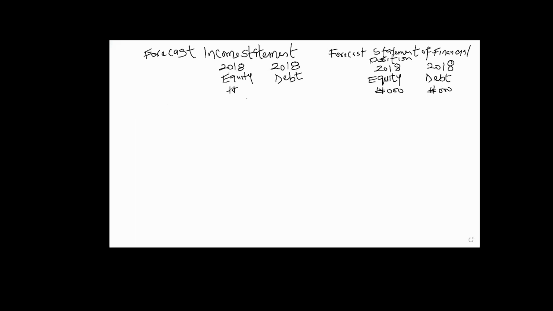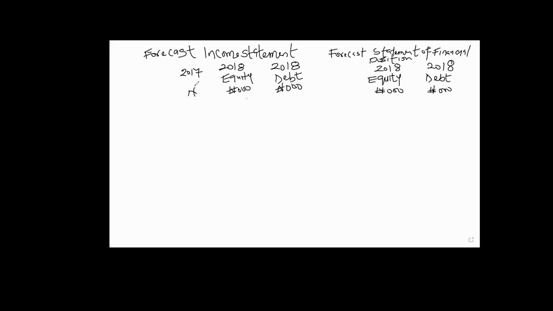So we are dealing with financial statement analysis. Last week, the question we solved is on financial performance evaluation. The question we want to solve tonight is on financial statements forecasting. You are given the 2017 statement.